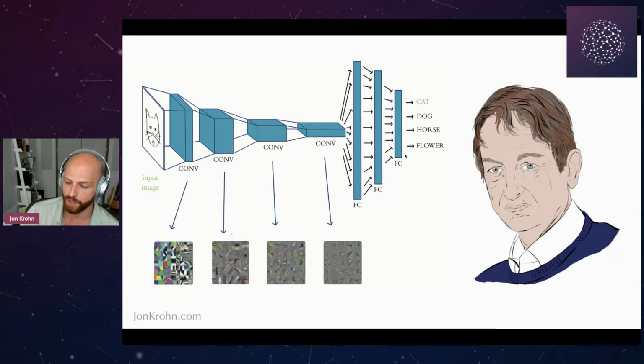By the final layer, our network can very accurately predict, assuming it has high quality training data, what image is being presented. It could say, hey, I think there's a 99.9% chance this is a cat, and a 0.1% chance it's a dog, a 0% chance it's a horse or flower.